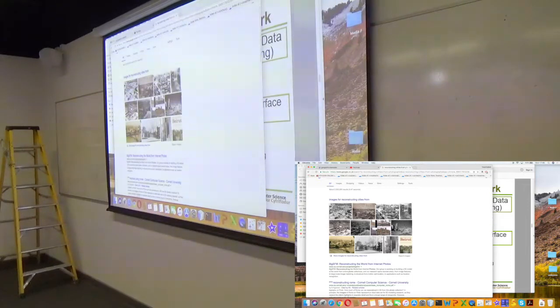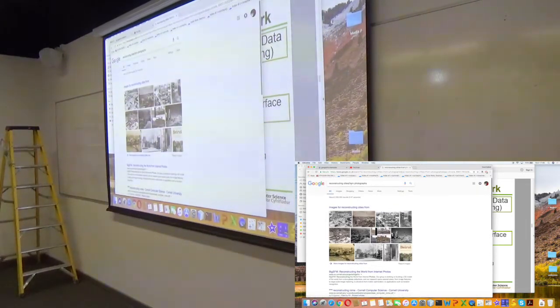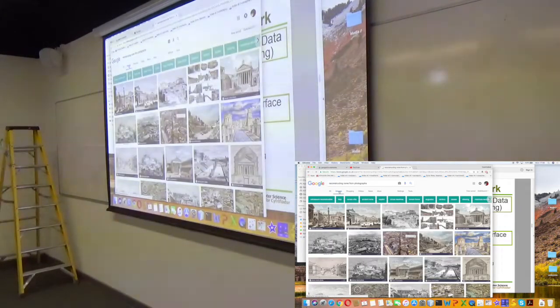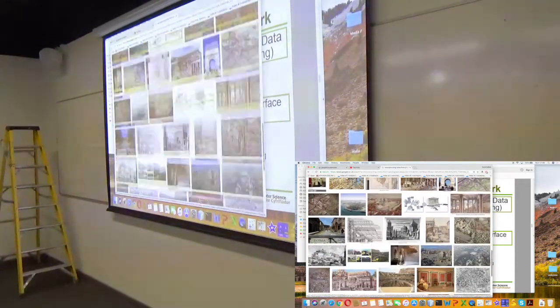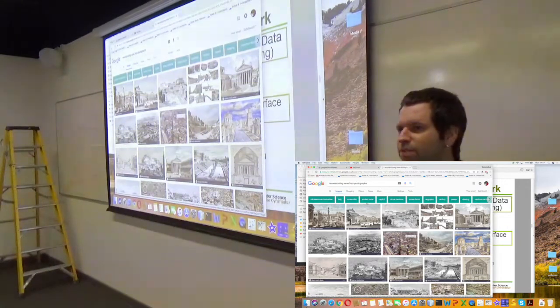So reconstructing, well, the most famous one is probably Rome. If I just click on images, I wonder what happens. There are millions and millions of photographs of Rome from tourists.